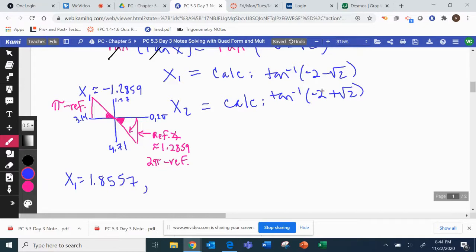And then my second answer as 4.9973. And that is for x1 only. So we still have to answer for x2.